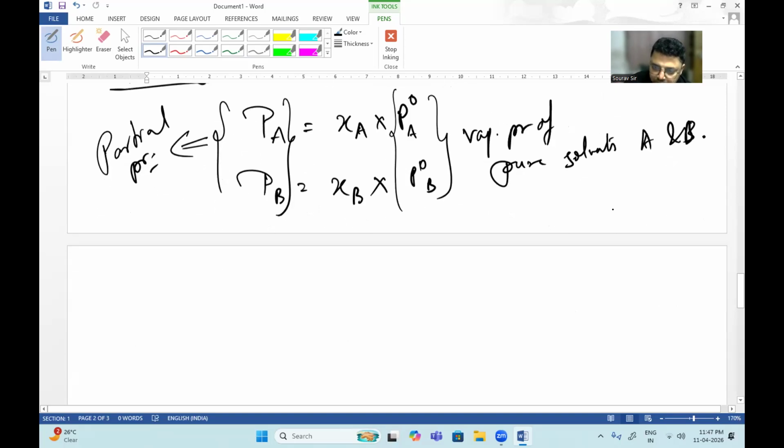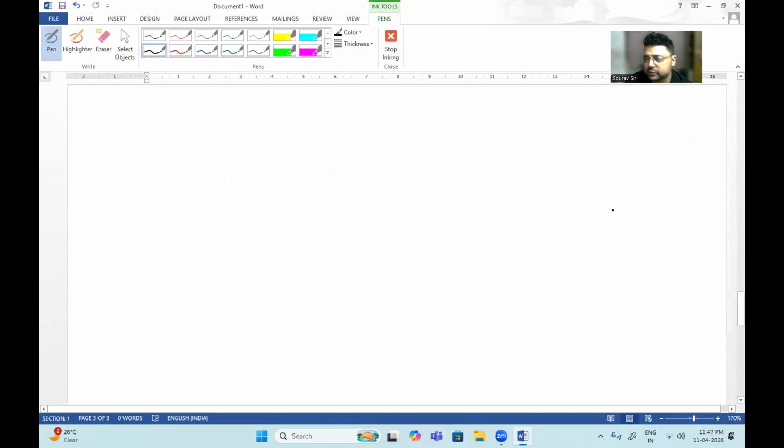Now, all of this we have studied, and that is why we can summarize colligative property.